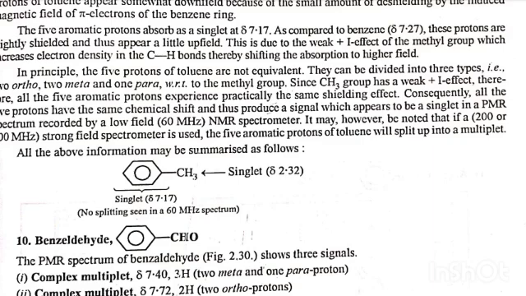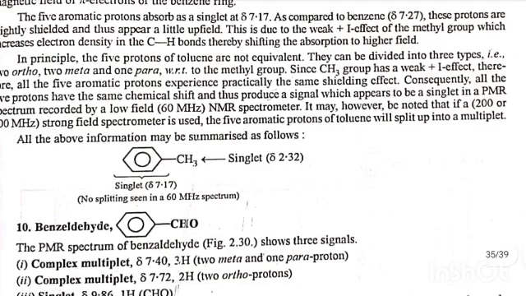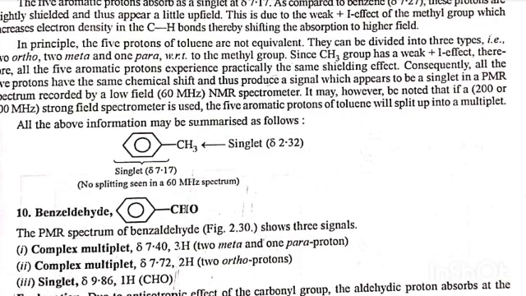In principle, the 5 protons of toluene are not equivalent. They can be divided into 3 types, that is 2 ortho, 2 meta and 1 para with respect to the methyl group. Since the CH3 group has a weak +I effect, all the 5 aromatic protons experience practically the same shielding effect.